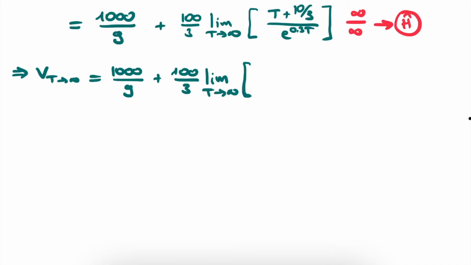Deriving the numerator, we simply get the derivative of T, which is of course equal to 1. And we divide this by the derivative of e to the power of 0.3 times T, which with the chain rule becomes 0.3 multiplied again by e to the power of 0.3 times T.